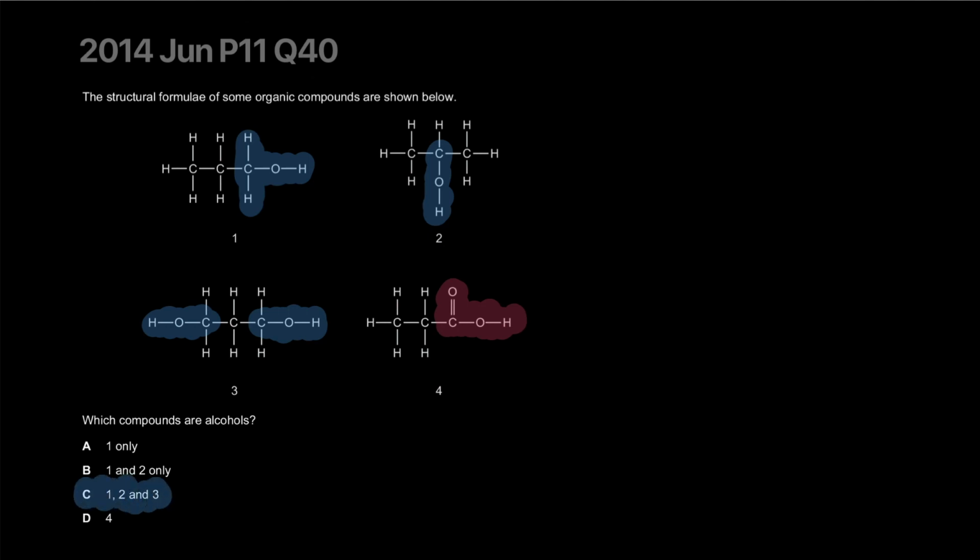Just for fun, let's try naming them. Number 1 is propanol. Number 2 is, and this is more for IGCSE kids, propan-2-ol, not for O-level kids. And that one is just difficult to name, so I won't.